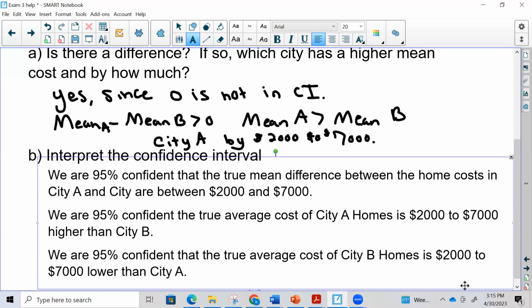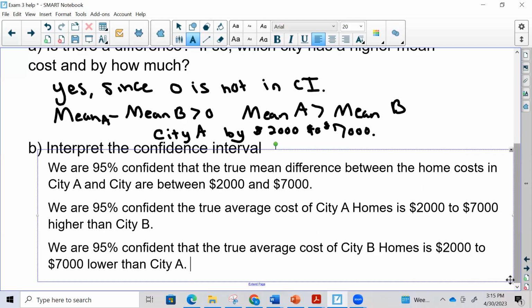If it's multiple choice, you have to look for any of these being correct. But if they're asking us to compare city B first to city A, then city B's home values are less than city A's.